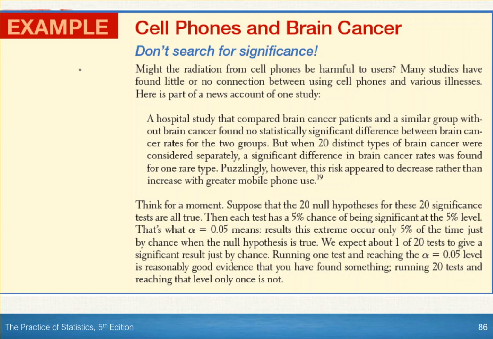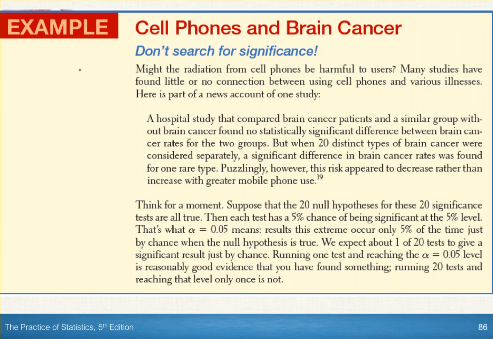In this case, notice we did 20 different comparisons, 20 different tests, rather. Remember, at a 5% significance level, we would expect one of these to be significant just by pure random chance. When we run one test with alpha equals 0.05, that's reasonably good evidence that you have found something useful.